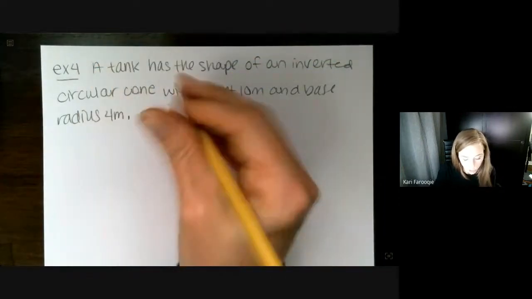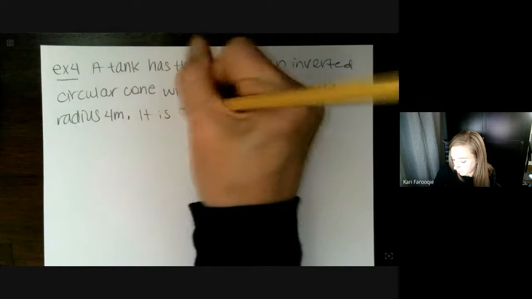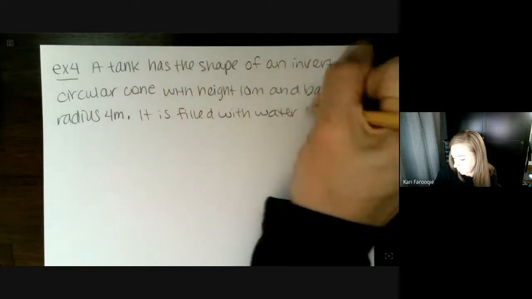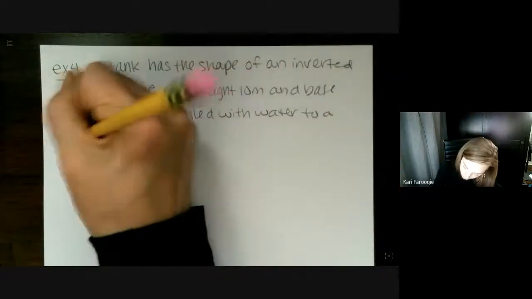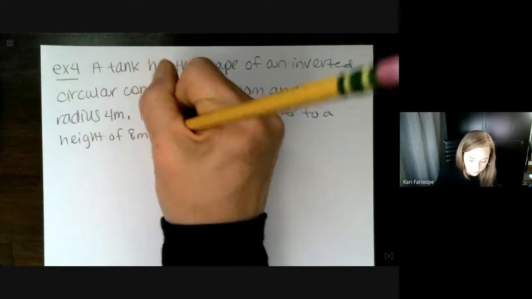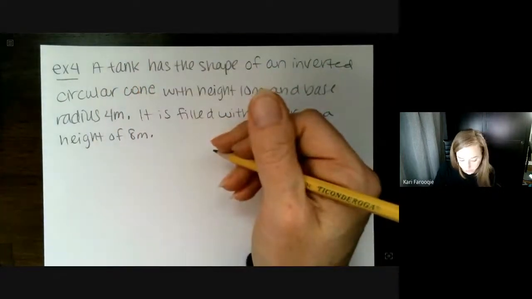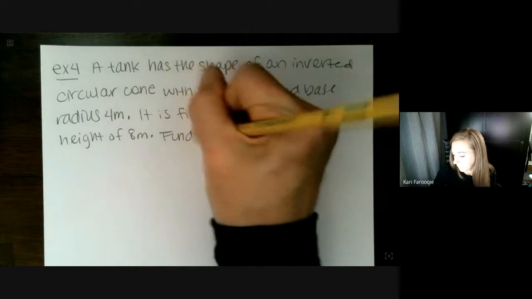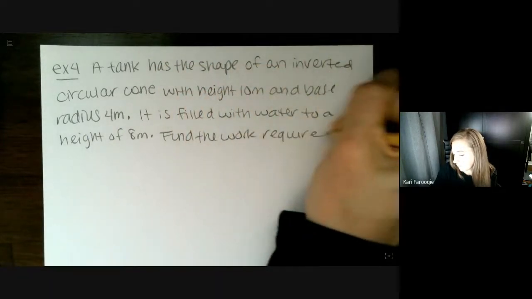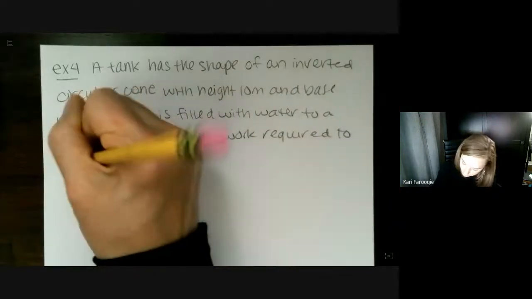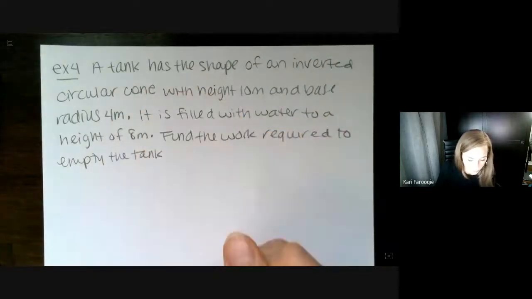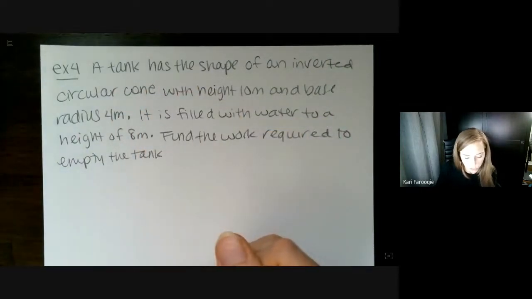It's filled with water to a height of 8 meters. Find the work required to empty the tank by pumping all of the water to the top of the tank.